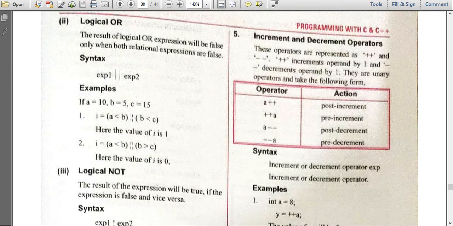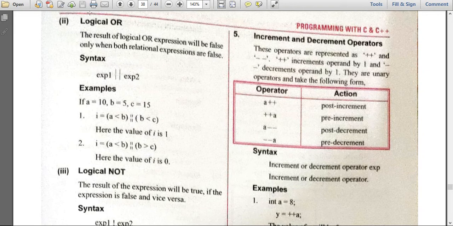OR operator, in the sense, here if any one condition is true, finally it will return true. Until and unless both the conditions are false, it will not return false, that is 0. So we check the first condition, A less than B or B less than C. A value is 10, B value is 5. 10 less than B, no, but B less than C, 5 is less than 15, condition satisfied.